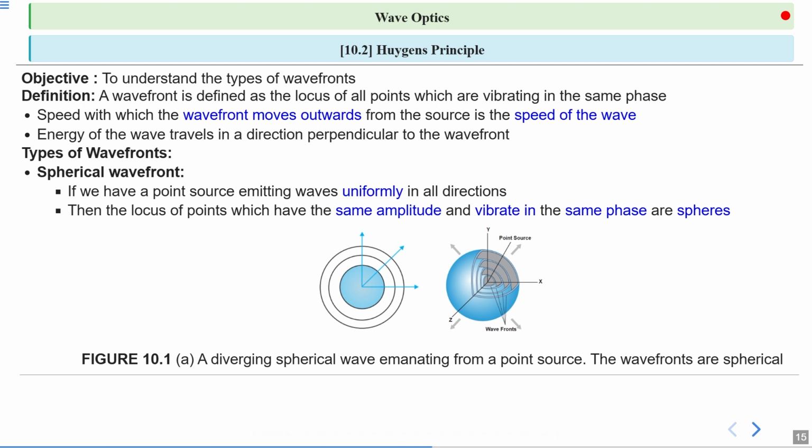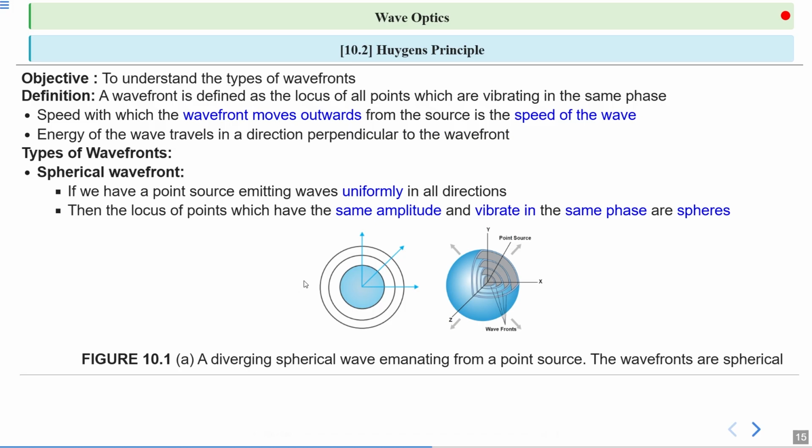Okay, so you can see in that figure 10.1a, a diverging spherical wave emanating from a point. In 2D, these wavefronts are shown as circular paths, but in 3D space, these wavefronts are in the form of spheres.